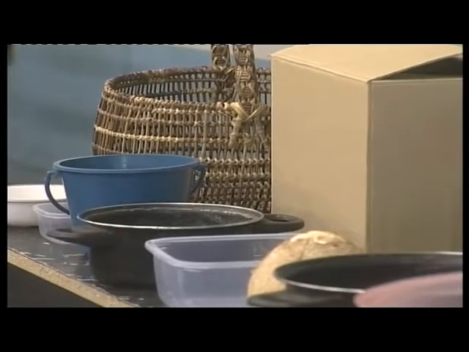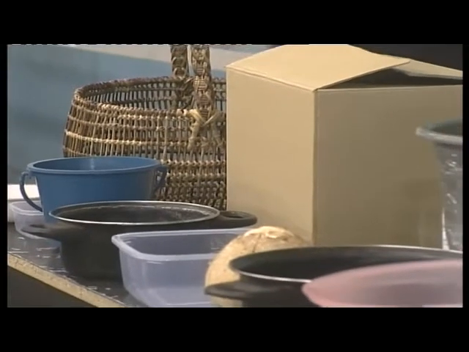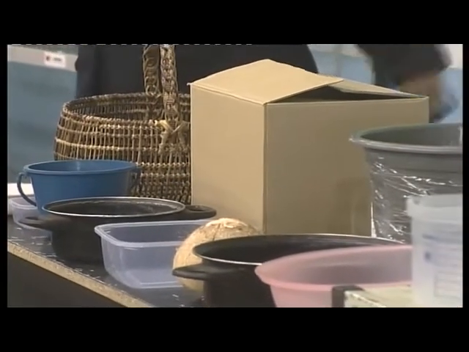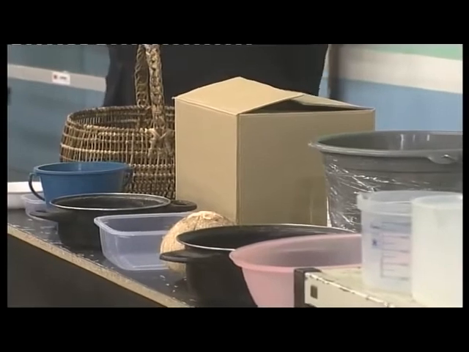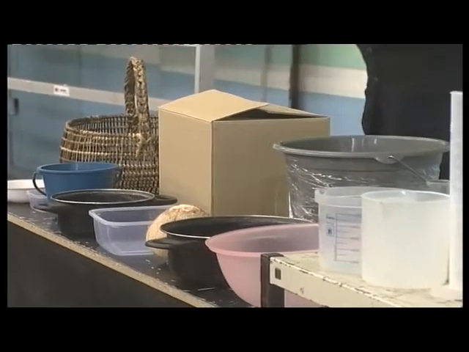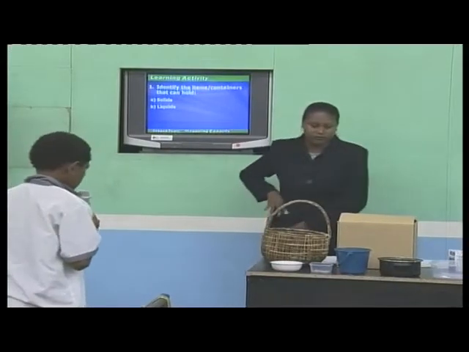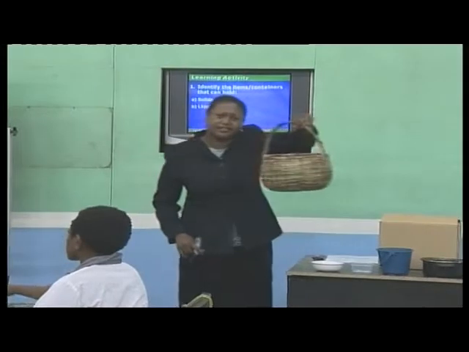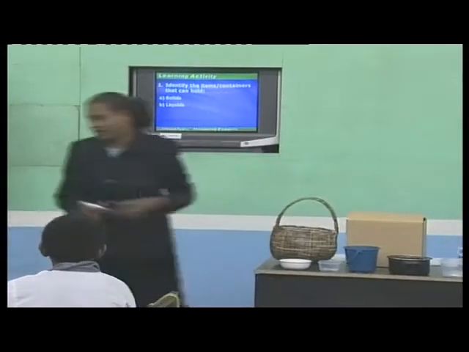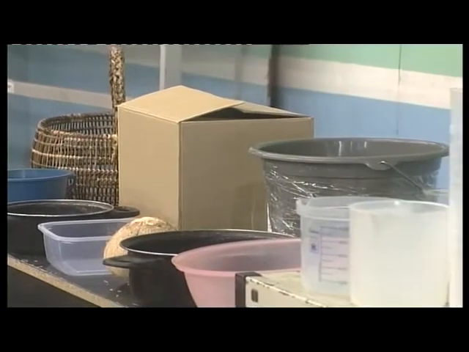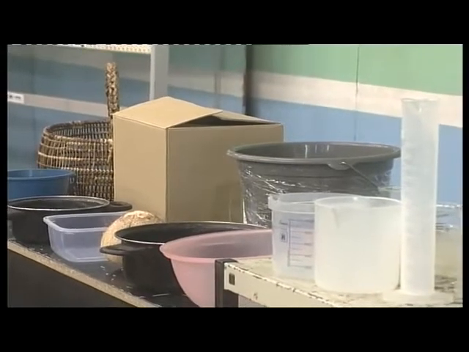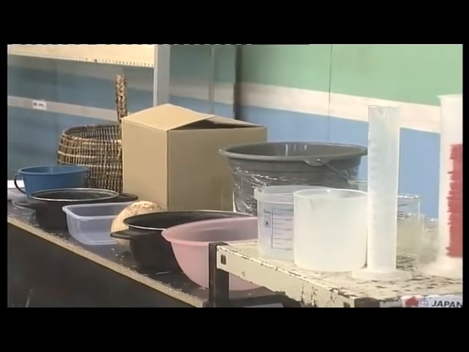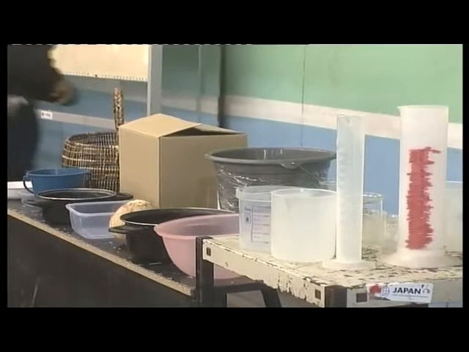Yes, let's have Minol. Basket, yes. What do you think? Can it hold solids? Yes. A basket can hold solids. What else?